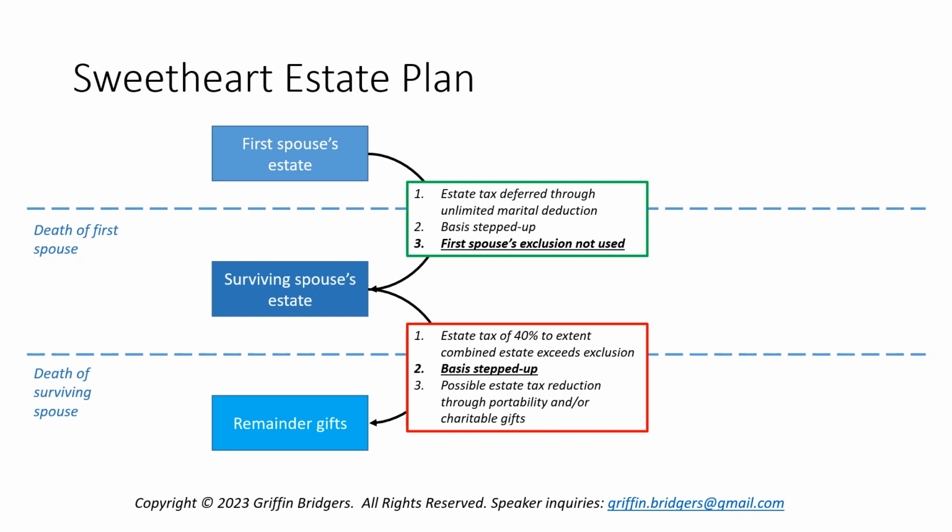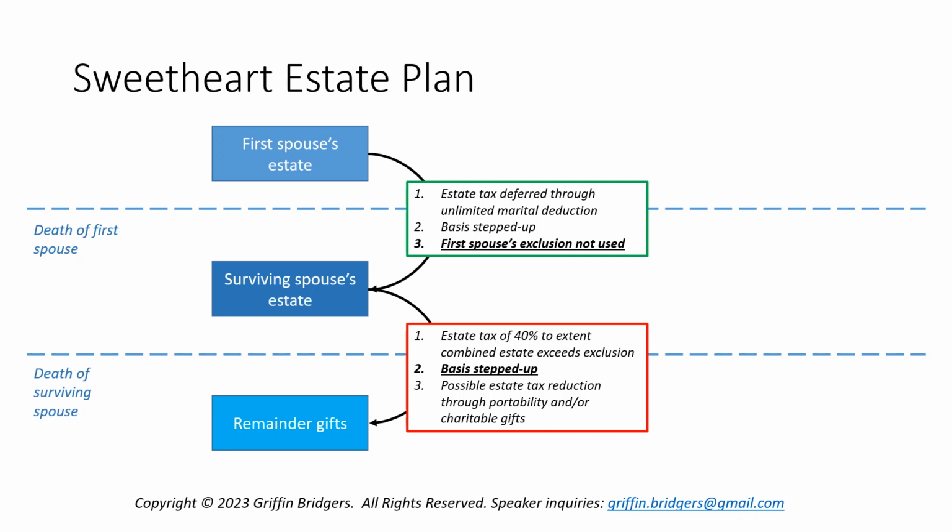And then at the surviving spouse's second death, we have an estate tax that's been deferred in part and also applies to the surviving spouse's actual personally owned assets that they earned. And that estate tax right now would be 40% to the extent it exceeds the surviving spouse's applicable exclusion, which can include the basic exclusion plus portability, as we'll see in a few minutes.